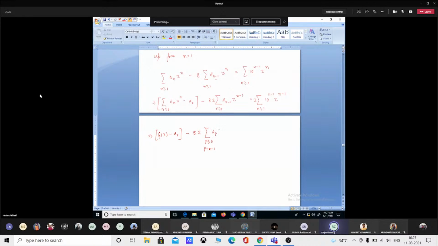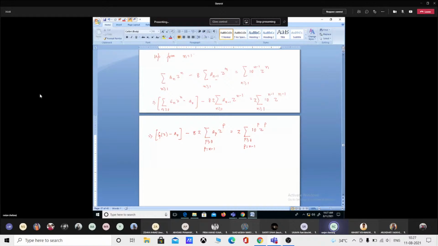So we have the sum of a_p z^p, and this equals z, and here also we have the same thing, the sum over p of 10^p z^p.